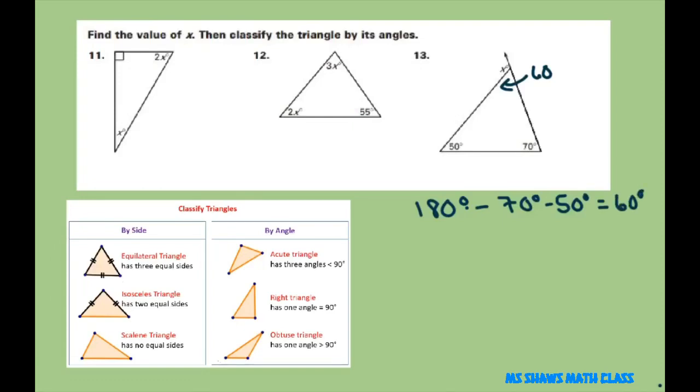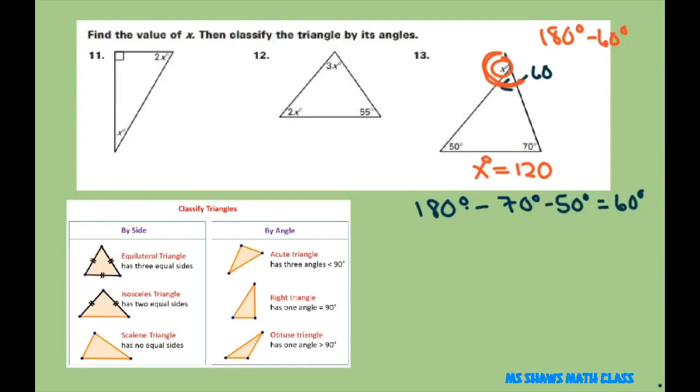And to solve for x, use your supplementary angle theorem. These two should equal 180. So you take 180 minus 60, and that's going to give you 120. So x is 120.